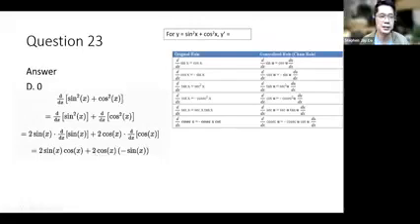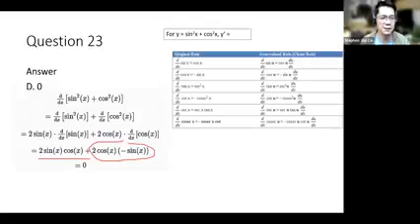So multiplying 2 cosine x times negative sine x gives you 2 sine x cosine x minus 2 sine x cosine x. Kaya 0 yung sagot. So this is the computation, the procedure.